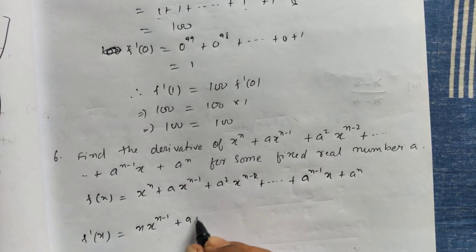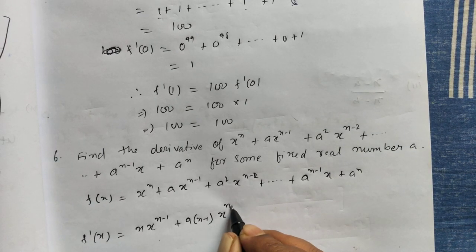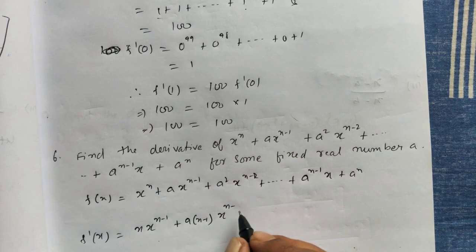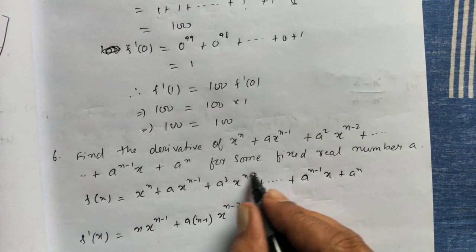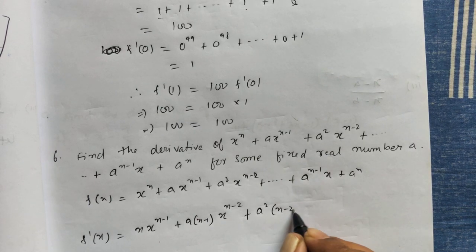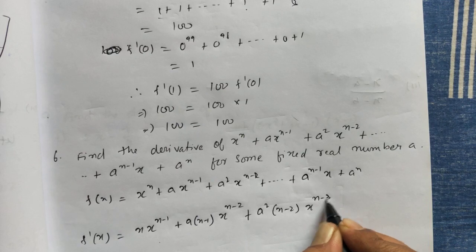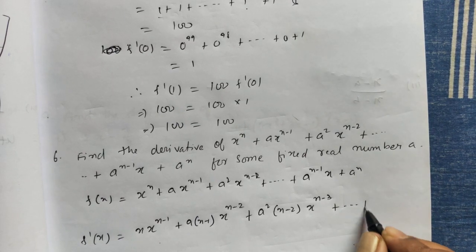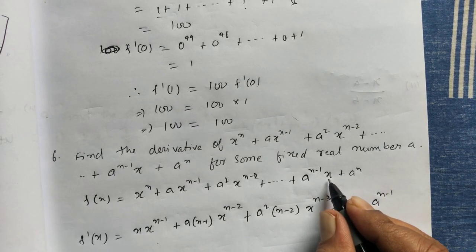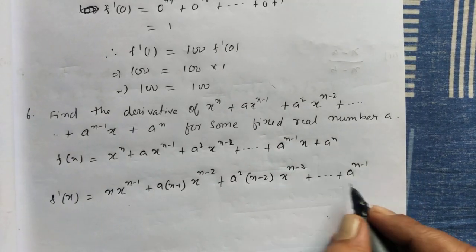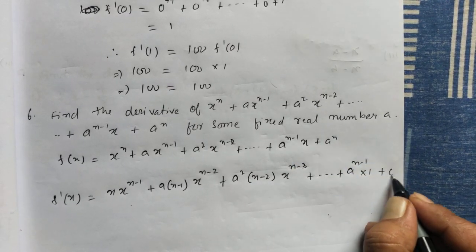This power will come down, x to the power n minus 2, the power will become 1 less here. a square, this power will come down, n minus 2, here the power will become n minus 3. It will keep going, a to the power n minus 1, derivative of x is 1 and derivative of constant is 0.